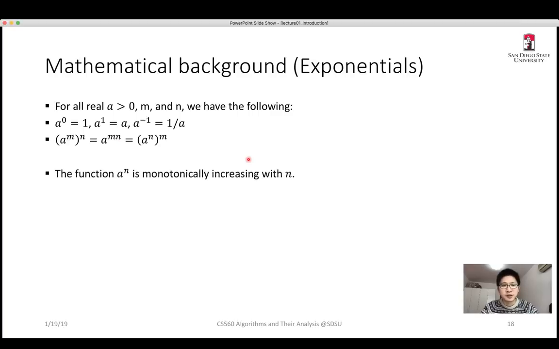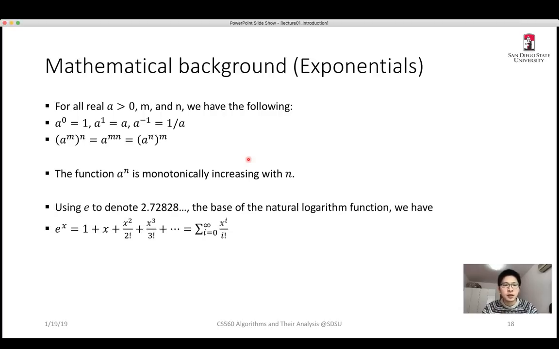So here the exponential function is of course a monotonically increasing function of n. And if we use e to denote the base of the natural logarithm, which is 2.718 and so on, we will have that the function e to the power of x can be expanded as 1 plus x plus x squared over the factorial of 2 plus x to the power of 3 over the factorial of 3, and so on.